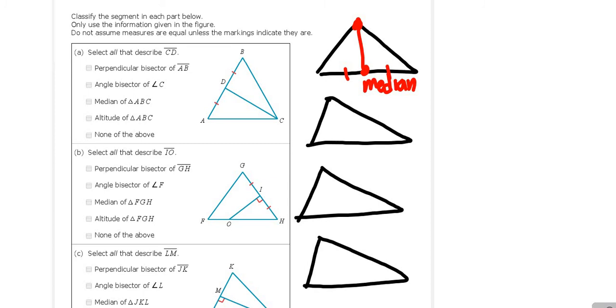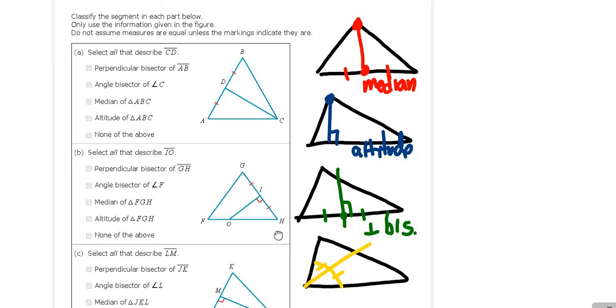An altitude connects vertex to a right angle. Perpendicular bisector goes through the midpoint at a perpendicular. And then an angle bisector cuts an angle in half. Those are your 4 triangle guts.